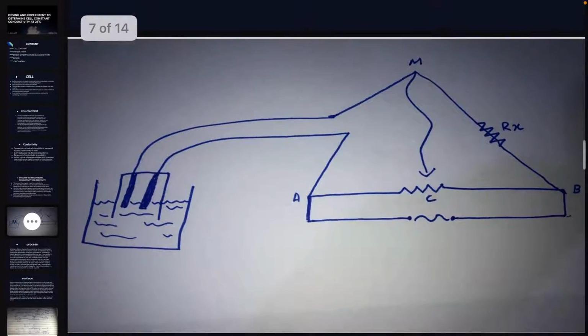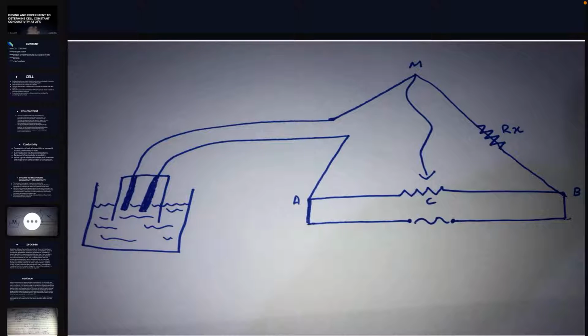So here we can see that kappa determines the cell constant, whereas when electricity moves through it, the current from both of these electrodes moves towards this Wheatstone bridge, and half of it moves through one resistor, then after the resistor we have two resistors. A and B are two points interlinked with AC and BC, so AC is directly proportional to CB.